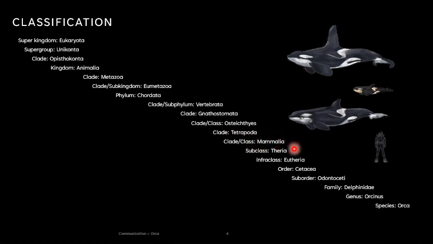The subclass Theria is where the whales come in, and in that subclass, there's infraclass Eutheria, and then the order Cetacea, and the suborder of dolphins and killer whales Odontoceti, and the genus Orcinus and species Orca.